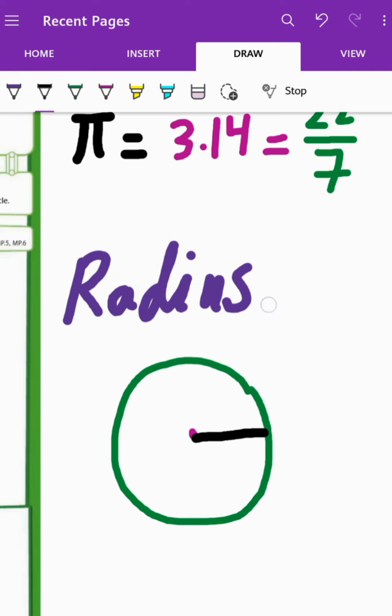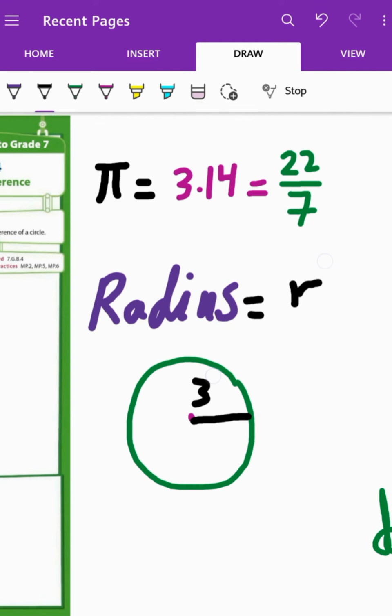It's called what? Radius. And we write it r. For example, if this is 3 centimeters, we say r equals 3 centimeters.